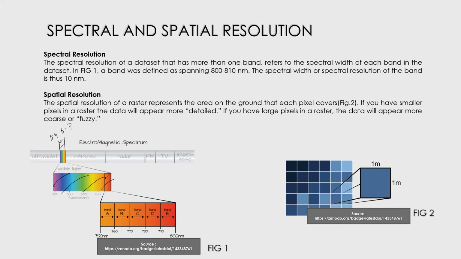So basically, if we say this is a higher spectral resolution, it implies that more than one band is available in the image.